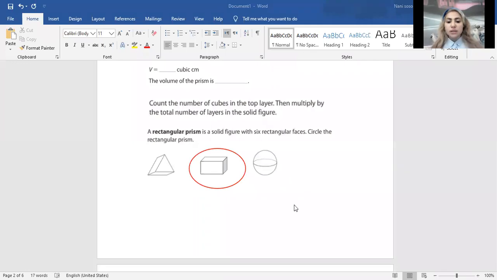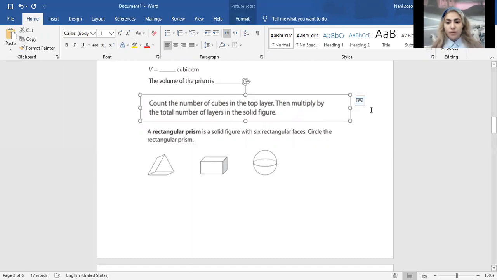Okay, my lovely girls, let's go back. You have to know how many are in the top layer when I ask you. You know it very well.